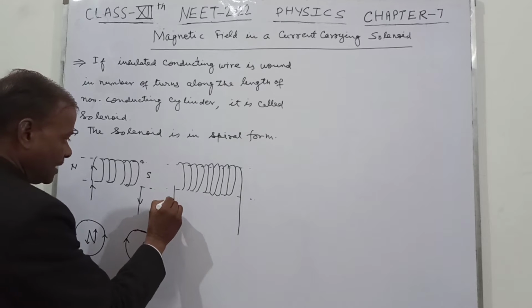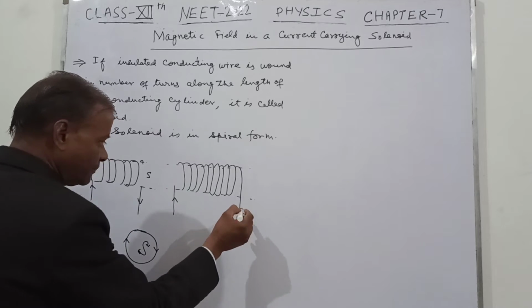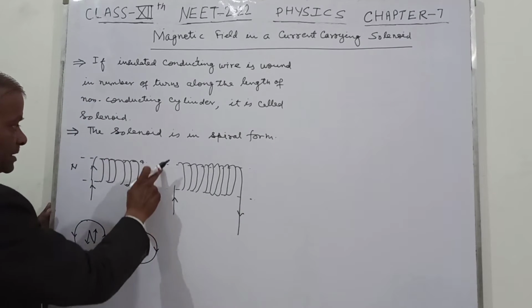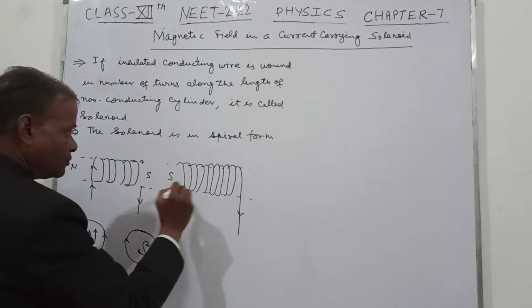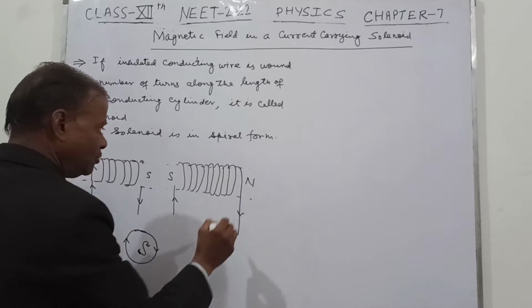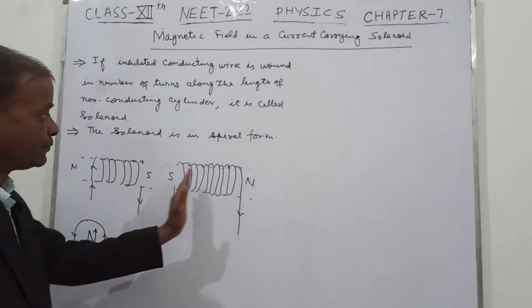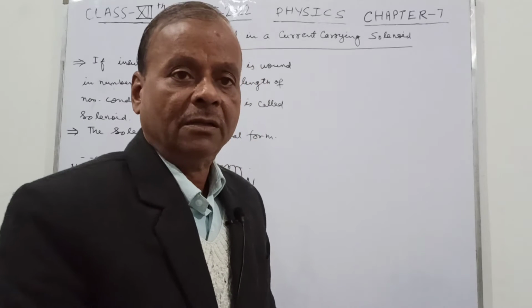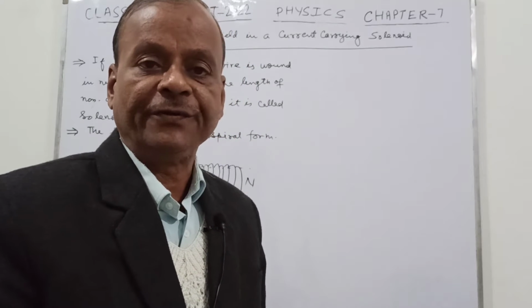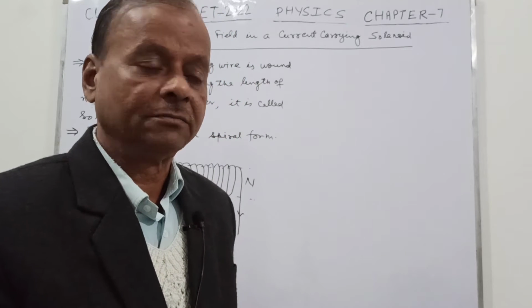If we pass the current like this and it is going away from this line, then this is the south pole. So this will be south and this will be the north. So in this way, the whole solenoid produces the magnetic field inside it.